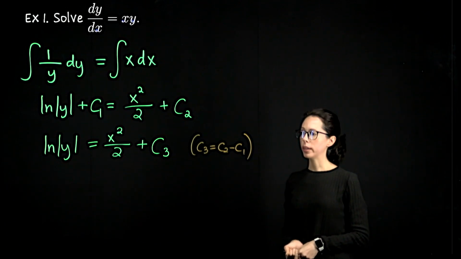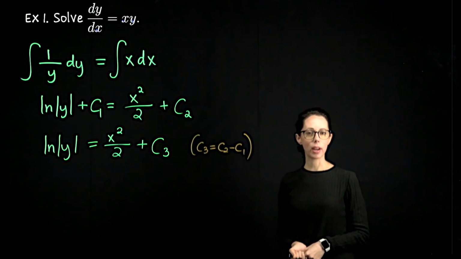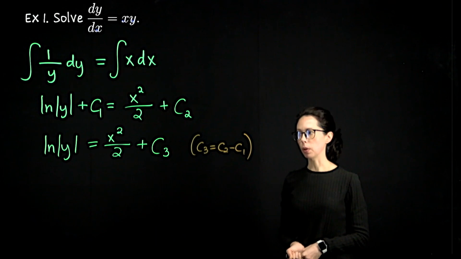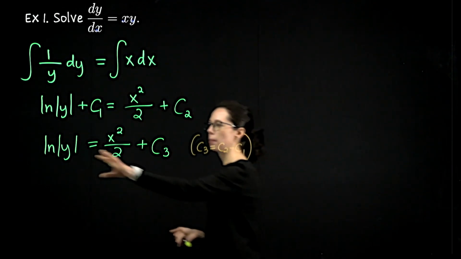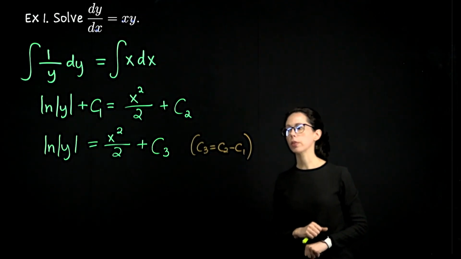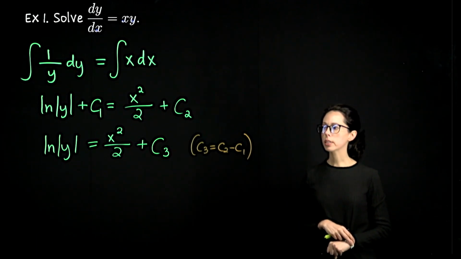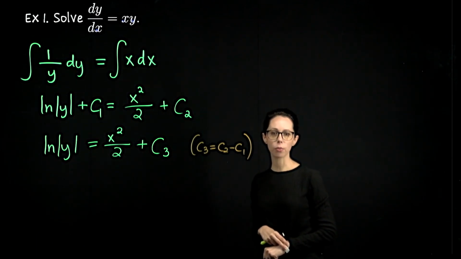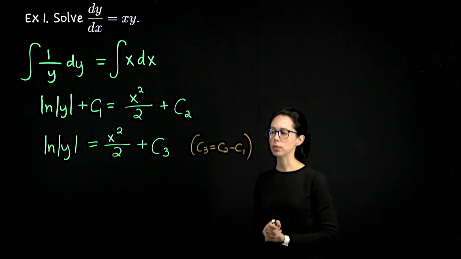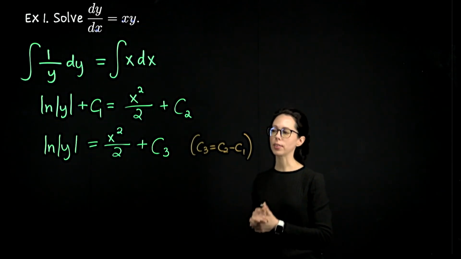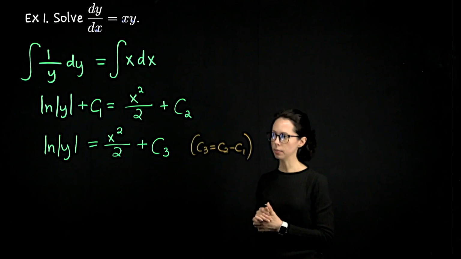Okay, we now would like to solve for y whenever we can, and we can do that in this example. So I've got natural log of the absolute value of y equals x squared over 2 plus a constant. In order to isolate at least the absolute value of y, we need to exponentiate both sides. So I'm going to raise e to the left-hand side and set that equal to e to the right-hand side.